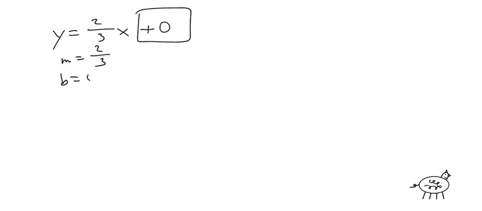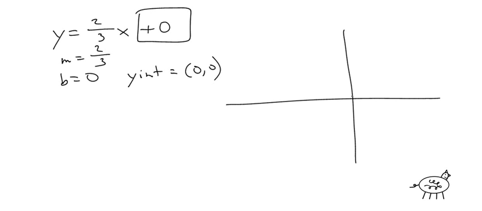The value of b is 0, so that means your y-intercept is 0, 0. So let's plot it. The first thing you do is plot your y-intercept, 0, 0. And then it's up 2 and over 3. And there's your graph. That's not bad at all.